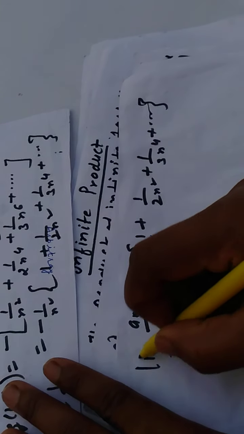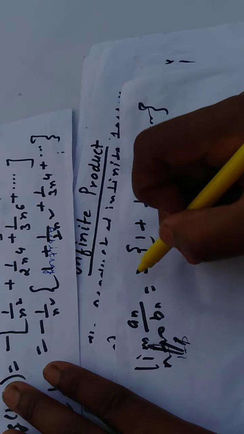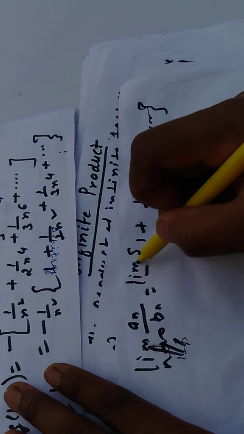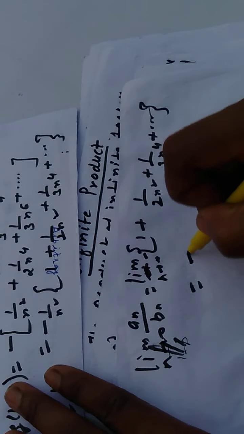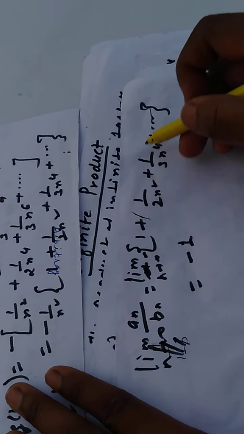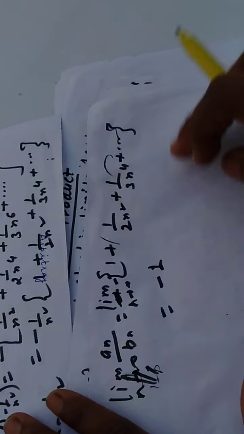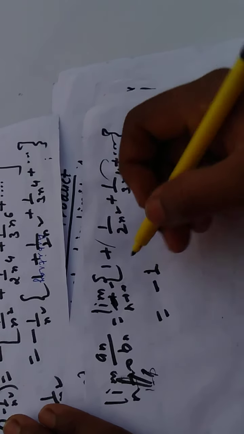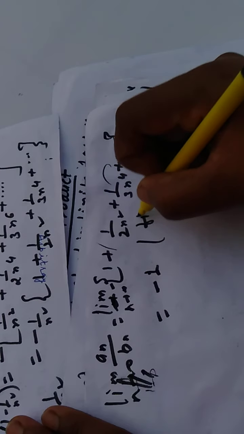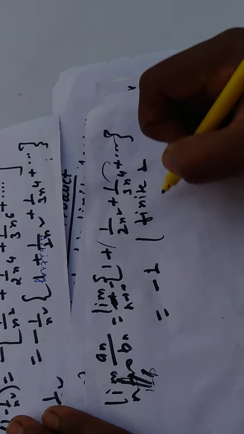When we take the limit n approaches infinity, it will be minus 1, as all these factors reduce to 0. The limit of an by bn is minus 1, which is finite and non-zero.